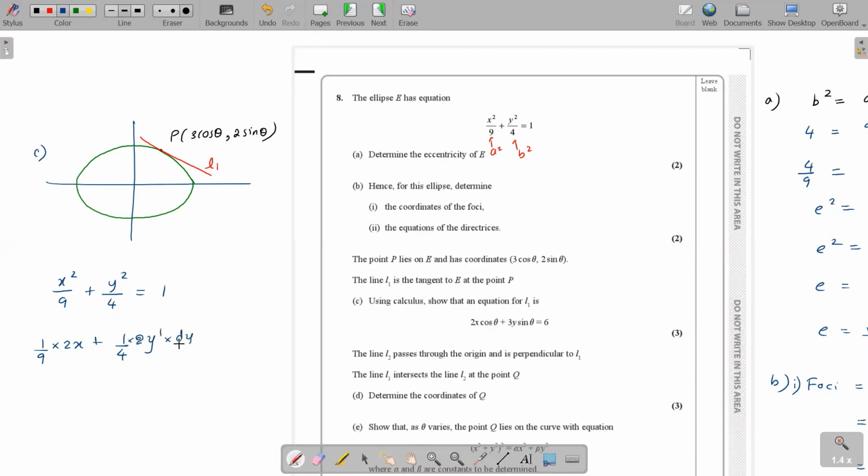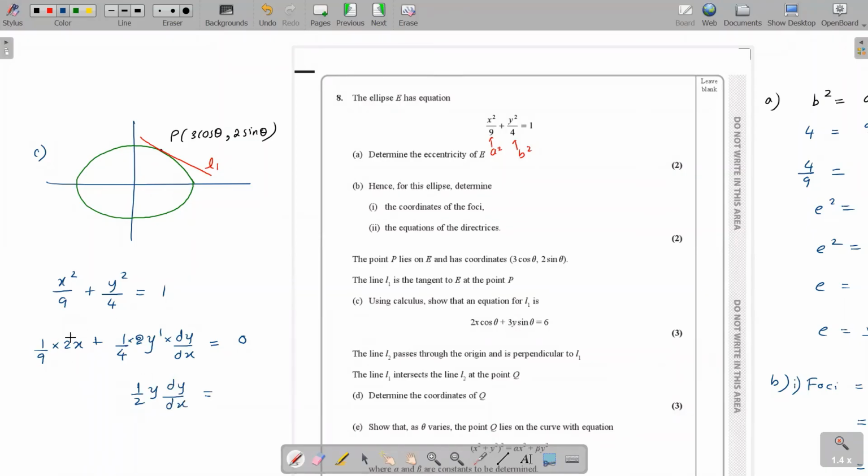The differentiation of y is dy by dx, because we are differentiating with respect to x. For x squared, the differentiation was 2x to the power 1 and the differentiation of x is 1. For y squared, you take the 2 down to get 2y to the power 1, and then the differentiation of y with respect to x is dy by dx. Equals, on the other side, the differentiation of 1 is 0. Let's simplify. This becomes 1 over 4 times 2, which is half y, dy by dx.